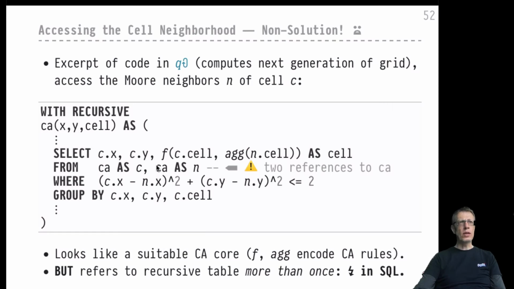This would be the equivalent of a nonlinear recursion in SQL. And just for performance reasons, the SQL standard forbids multiple references to the recursive table. This is what I'm referring to down here in this bullet point. Indeed, the SQL standard forbids multiple references to the recursive table. Bother. This is something that we have to work around or circumvent.